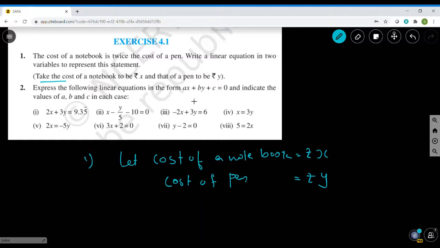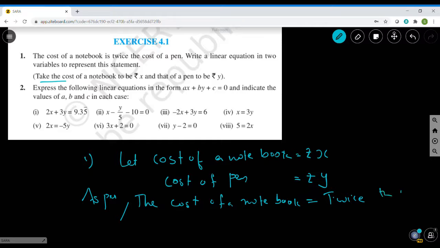Here it is given in the situation that the cost of a notebook is twice the cost of a pen. So we can write that situation as per the statement. As per the statement, the cost of a notebook is equal to twice, twice means two times, the cost of a pen.